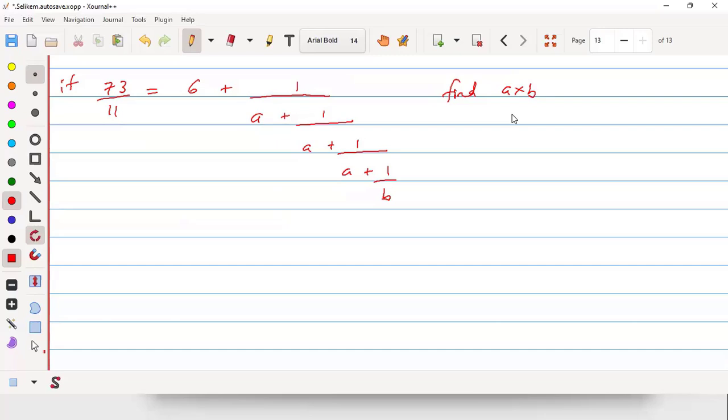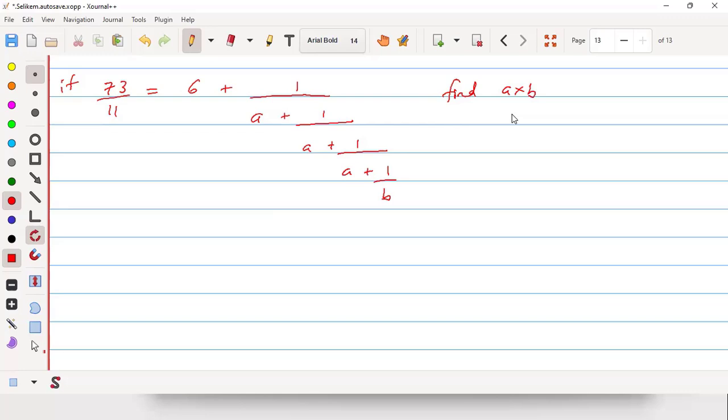Okay, good. So basically, forget about the question. Write this one as a continued fraction. Then you compare it to what you've been given. Then you find the values of A and B. 73 over 11 is equal to 6 plus 1 over A plus 1 over A plus 1 over A plus 1 over B. Find A times B. So basically, you have to change 73 over 11 as a continued fraction.